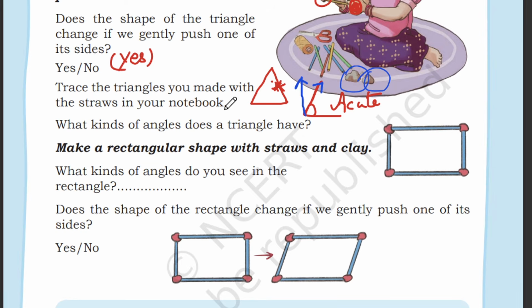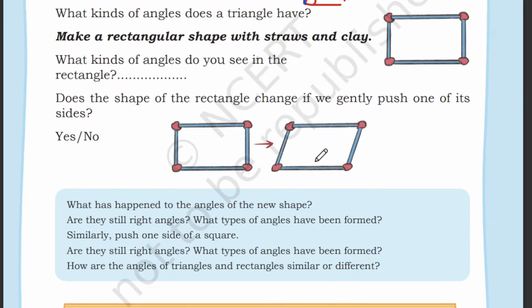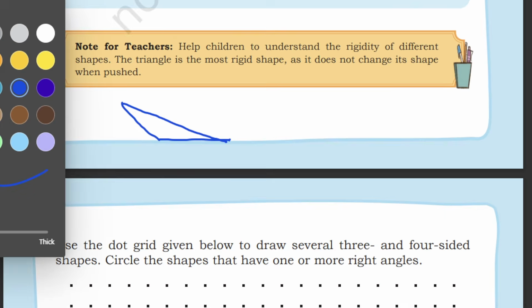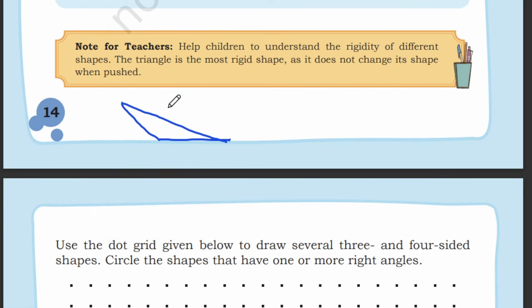So let's see if we have a different triangle. I'll draw it here. Okay, so now you have a triangle in this shape. You're making a straw triangle in this shape, and you're removing this straw out. So what shape will you get? You'll get this shape. So you get this shape, angles.